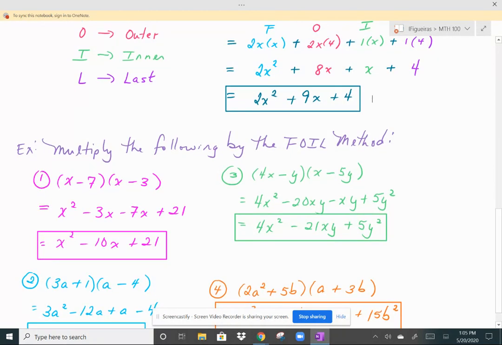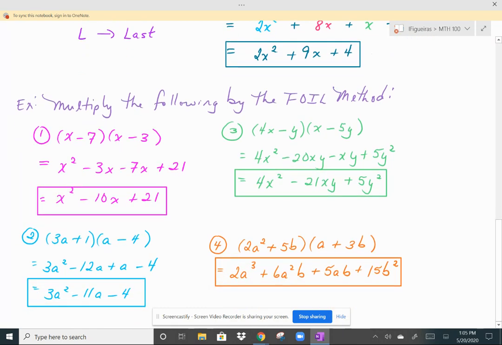So we're going to multiply the following by the FOIL method. Whenever you see two binomials being multiplied, assume you're using FOIL, even if the directions don't say to do that. So let's do the first one right here. First is x times x, that's x squared. Outer is x and negative 3, so that's negative 3x. I would always put the sign in front of the product.